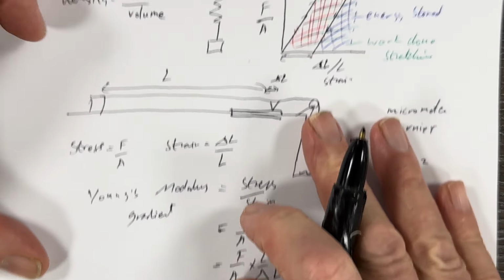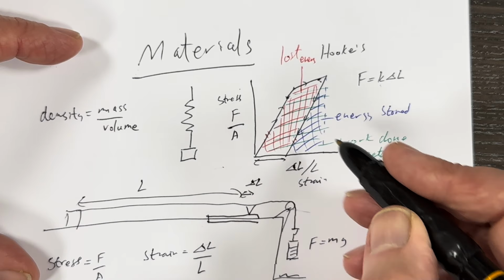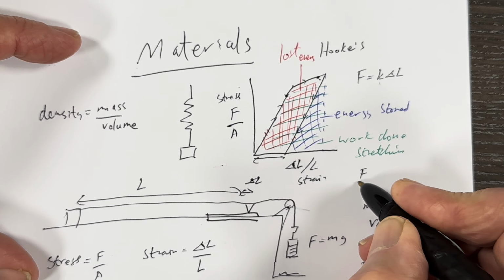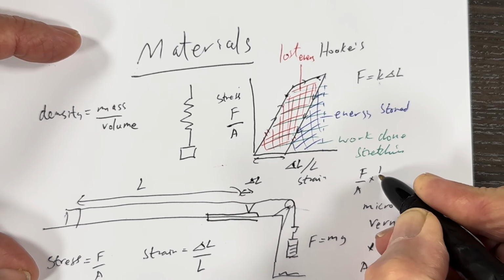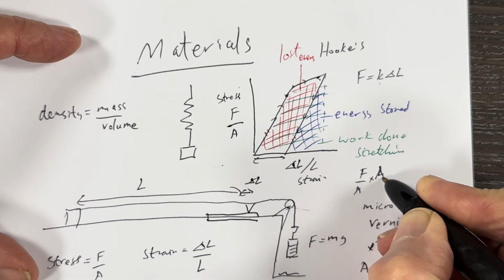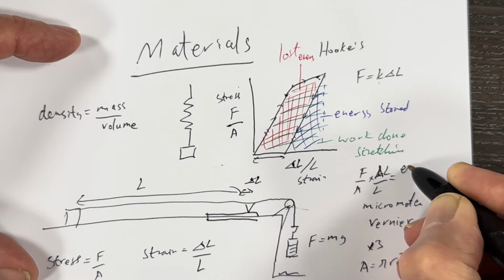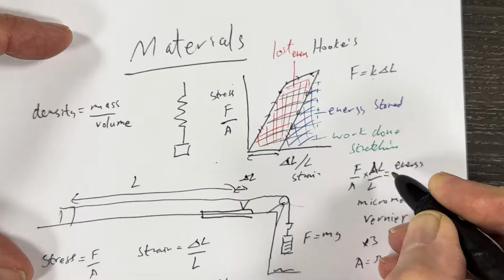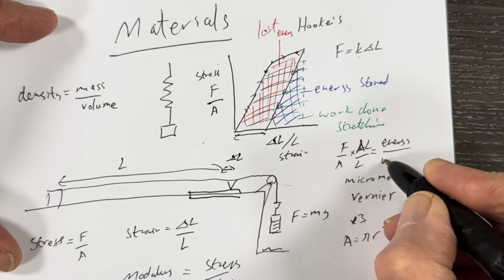And then if we go back to look here, we're now looking at the area being F over A times delta L over L. So the top bit is energy, because we get a force times the distance, and the bottom bit, length times cross-section, is a volume.